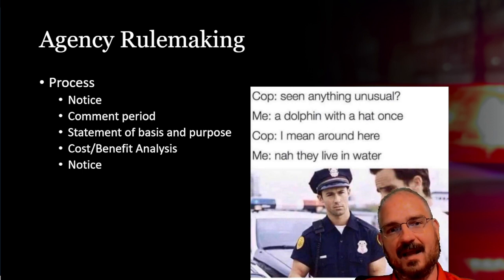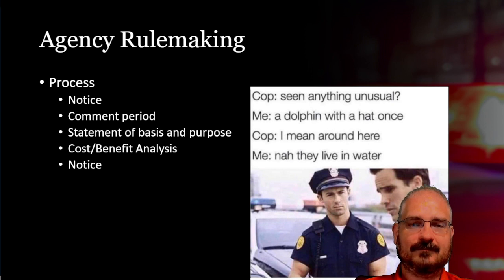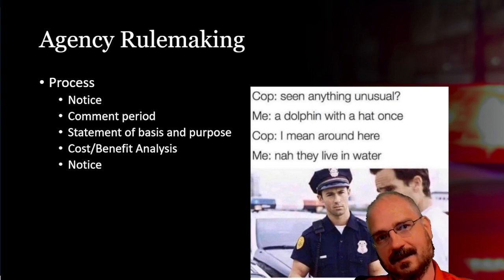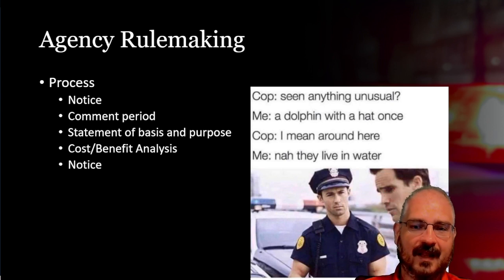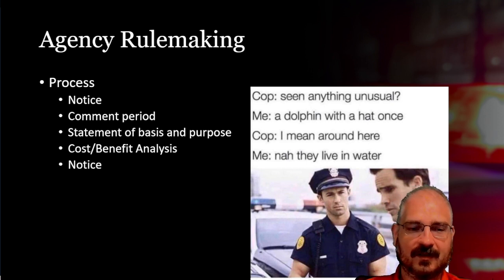Then they have to submit every decision to a cost-benefit analysis. You know, if this new rule goes into effect, how much is this going to cost? What benefits is it likely to give us, etc. And then finally, they have to post notice at least a certain number of days before that rule goes into effect or before that decision becomes final.